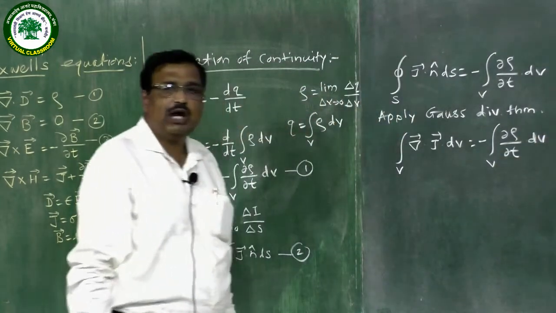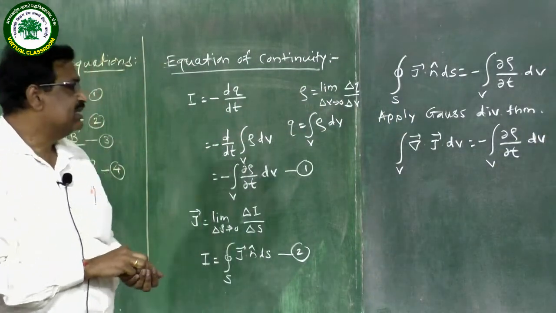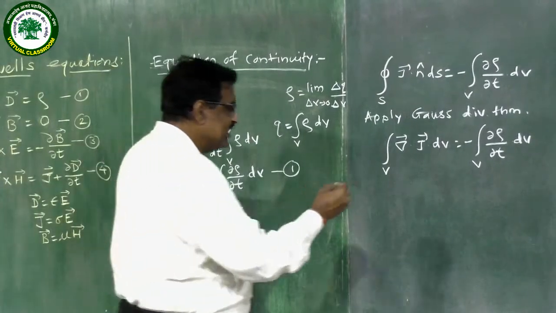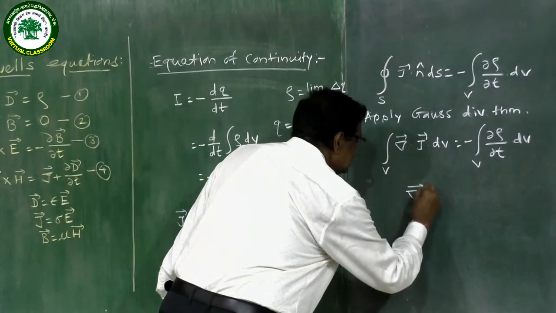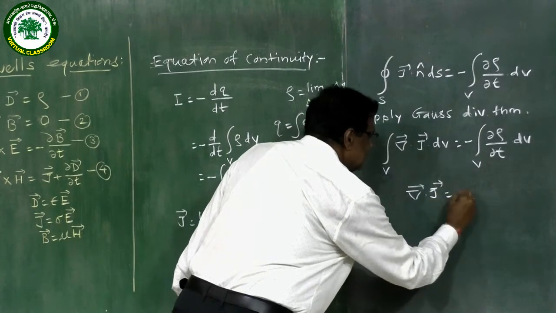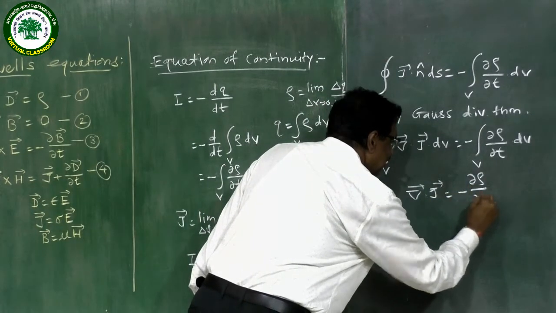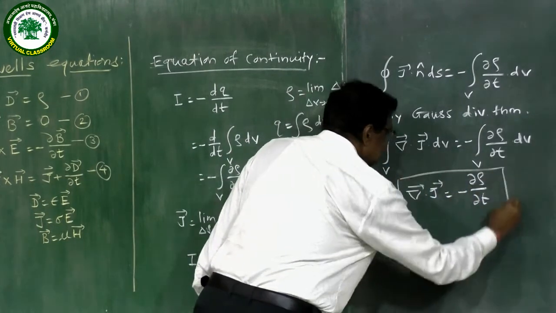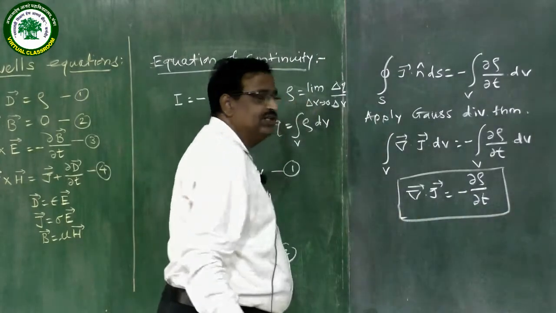On both sides we have the same volume element, and so a new equation is obtained: divergence of J is equal to minus del rho upon del t. This equation is referred to as the equation of continuity.